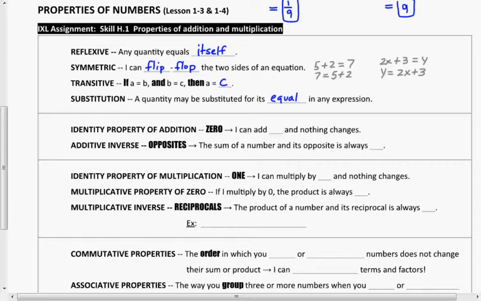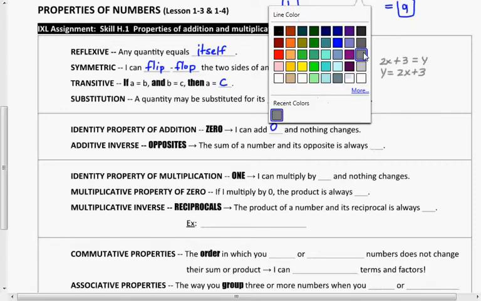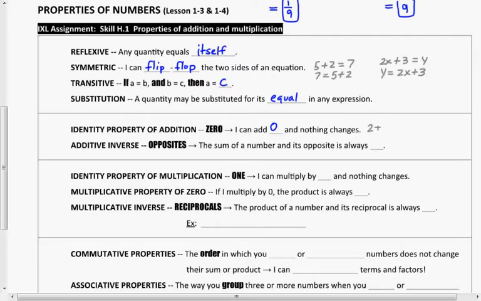All right, next property, identity property of addition. Zero is the identity for addition. It's the fact that you can add 0 and nothing changes, right? So if I have 2 plus 0, it's still going to equal 2. And if I have x plus 0, it's still going to equal x.